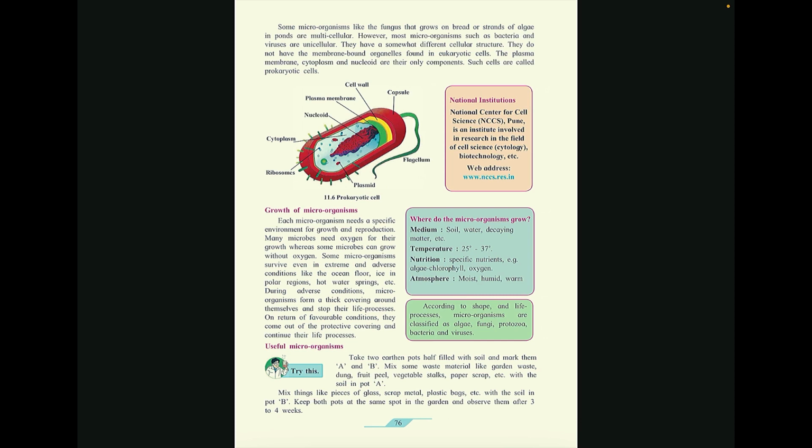Then, growth of microorganisms. How these microorganisms reproduce is what they are saying in this point. Each microorganism needs a specific environment for growth and reproduction. Many microbes need oxygen for their growth, whereas some microbes can grow without oxygen.